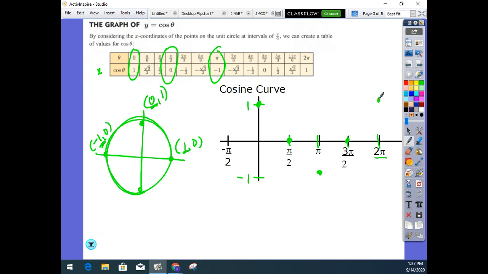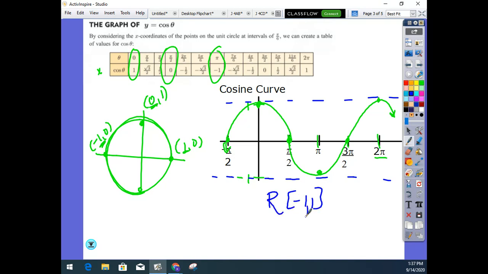Sometimes it helps with cosine to come back down this way to make that smooth curve, because for both sine and cosine, nothing goes above 1 and nothing goes below negative 1.